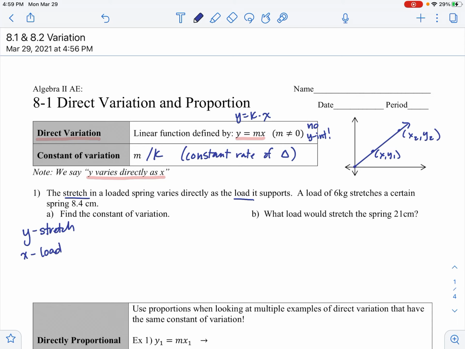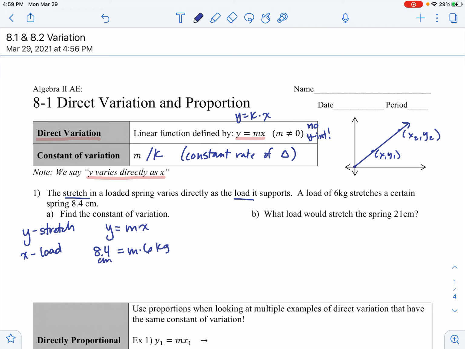If I want to find the constant of variation, well, if I start with our equation here, y equals mx, I could plug in my values that I know. A load of 6, so that's going to be m times 6, stretches 8.4 centimeters. Now, you can keep in mind your units here as well.